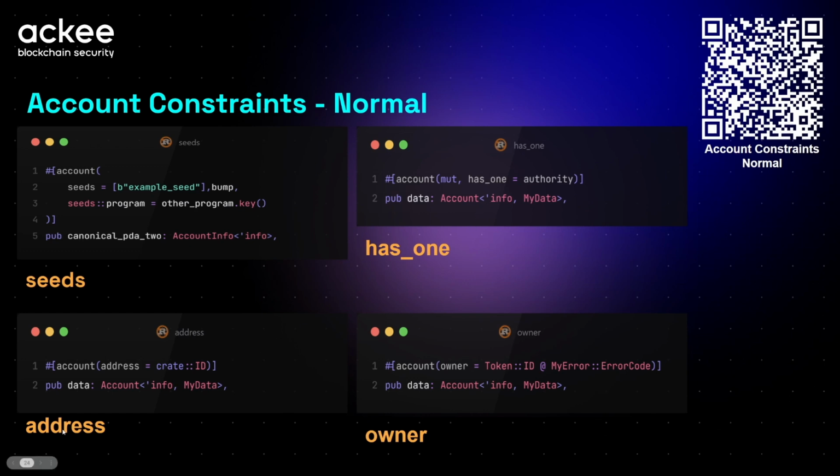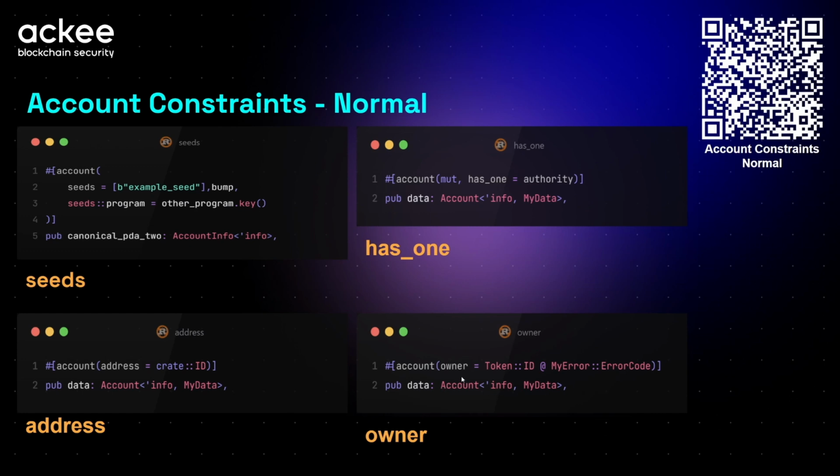Then there is the address constraint. This is, I would say, pretty self-explanatory. It just checks that the address of the account equals the ID specified within the constraint. So in this case, it is crate ID, but it can be whatever pubkey you would like to check it for. Then we have the owner check.